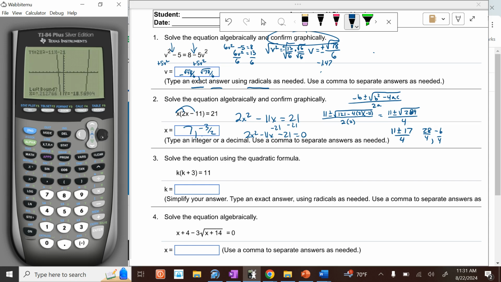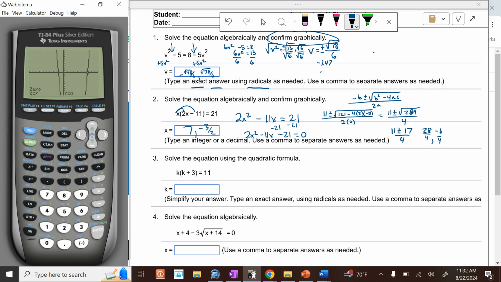I go to the left of where it crosses the line, and I get pretty close to it. So I go to the left, hit enter, go to the right, hit enter again. I get 7. My other answer, confirmed with the graphing calculator.